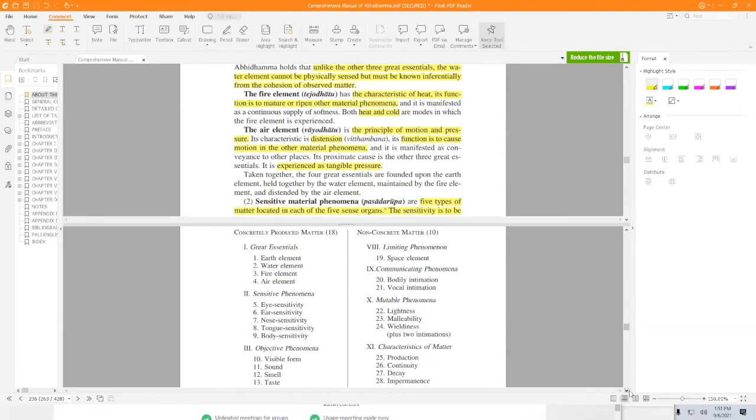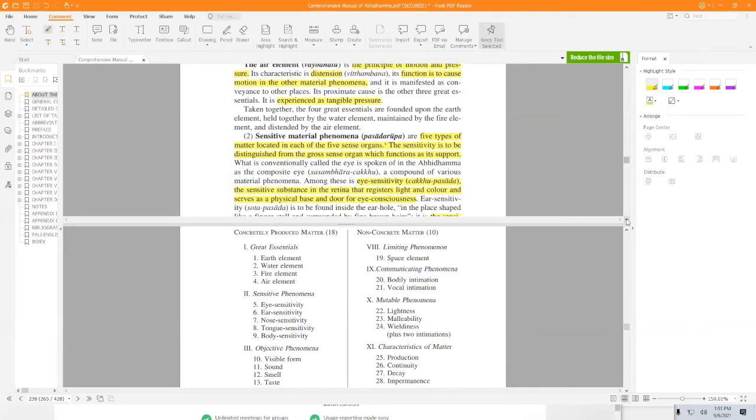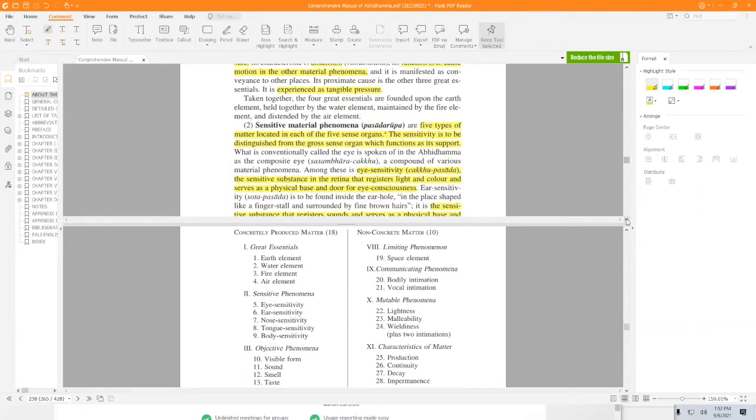And now we come to the derived material phenomena. Probably the most important types of derived material phenomena are what are called the sensitive material phenomena, in Pali, pasada rupa. This is what we conventionally call eye, ear, nose, tongue, and body.